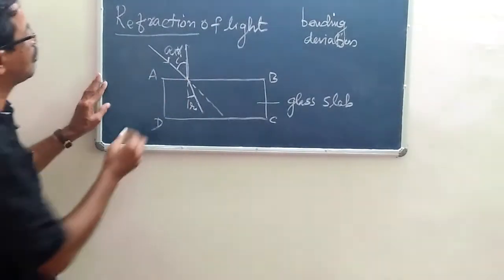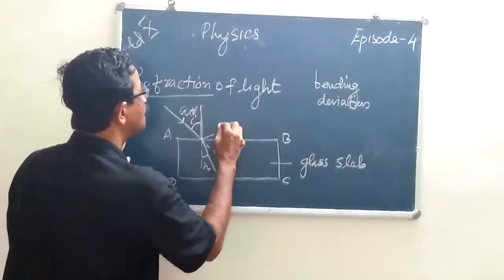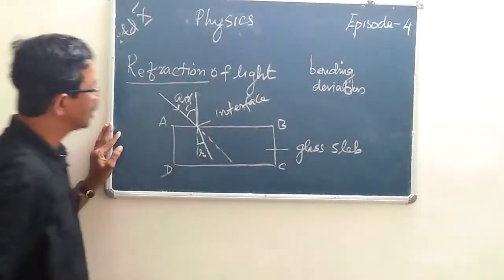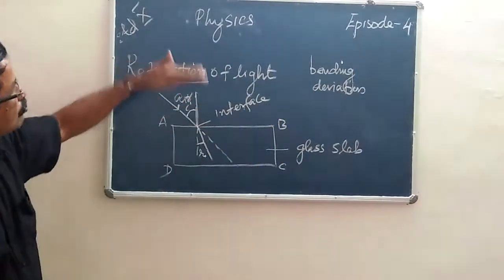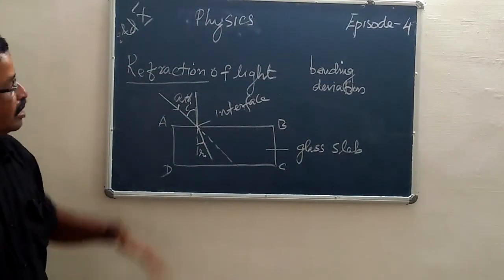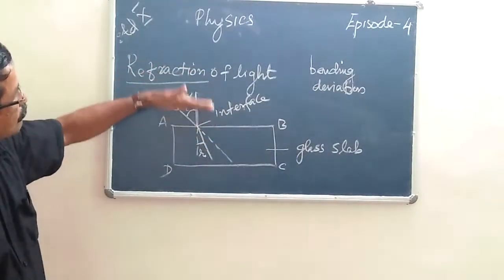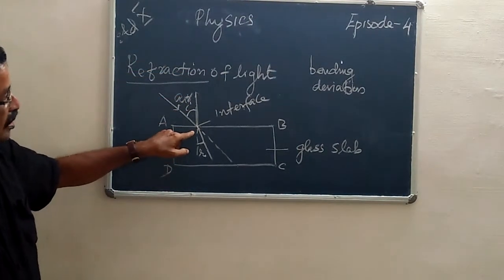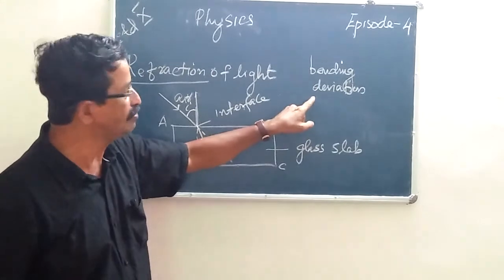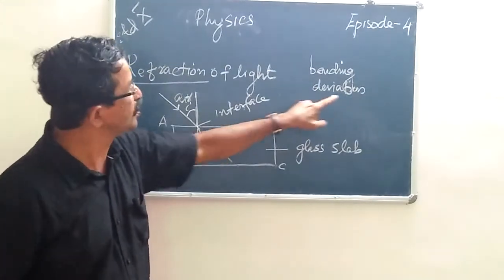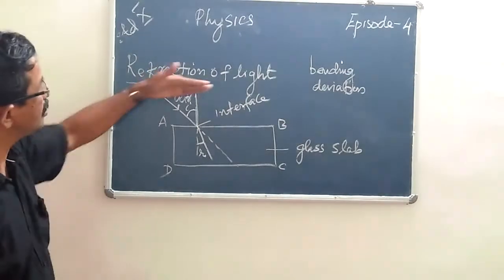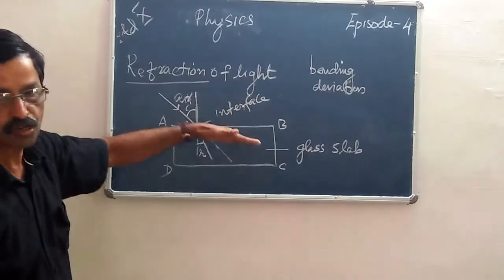Here this is the point of interface. That means the point where the two surfaces or the two mediums join. Here the ray bends. That means bending, deviating or changing direction of a light ray when it passes from one transparent medium to another.